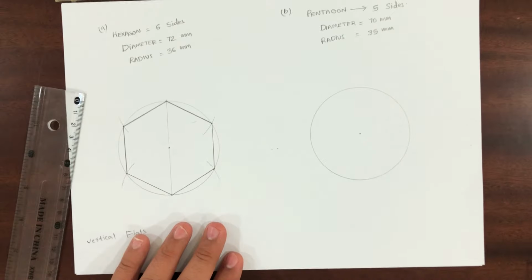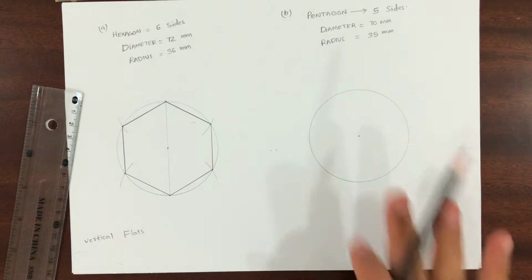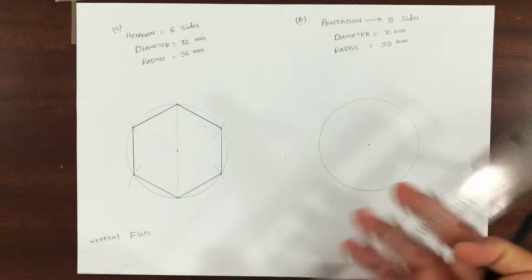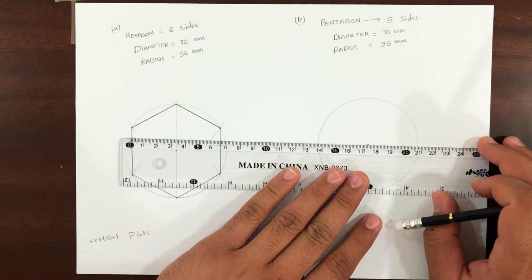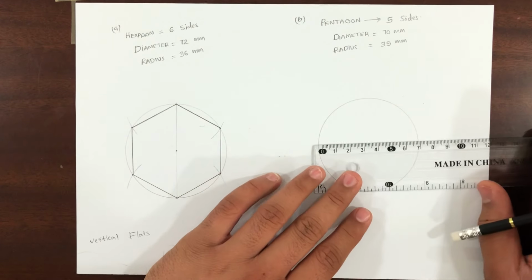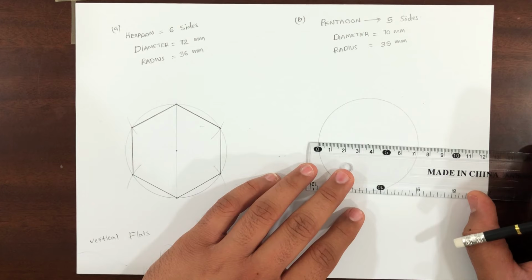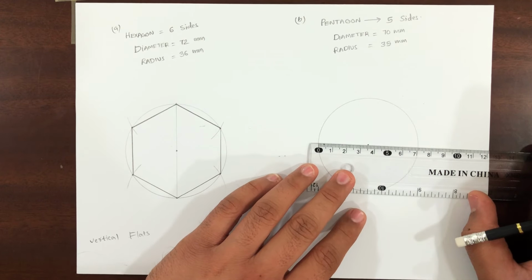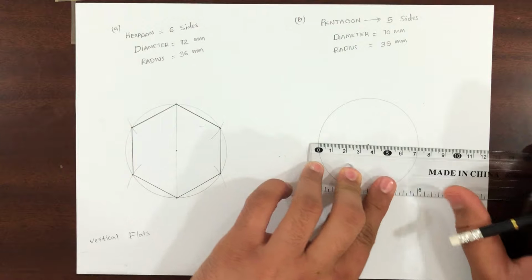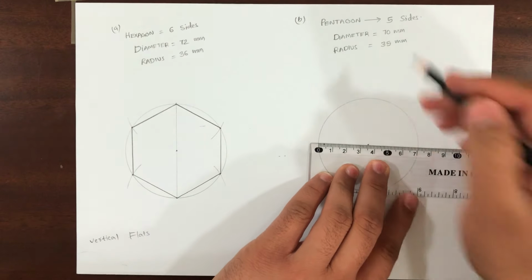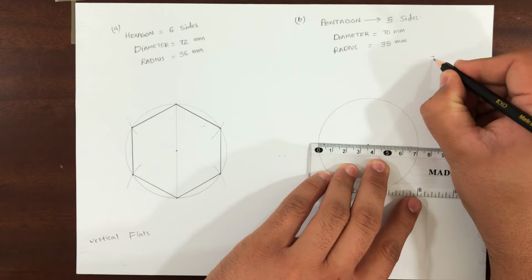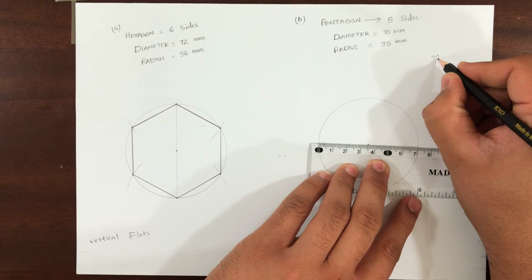After drawing the circle, this method is quite different. Pentagon, the method is quite different. So make a horizontal line. Okay, the total diameter is how much? 70 millimeters.